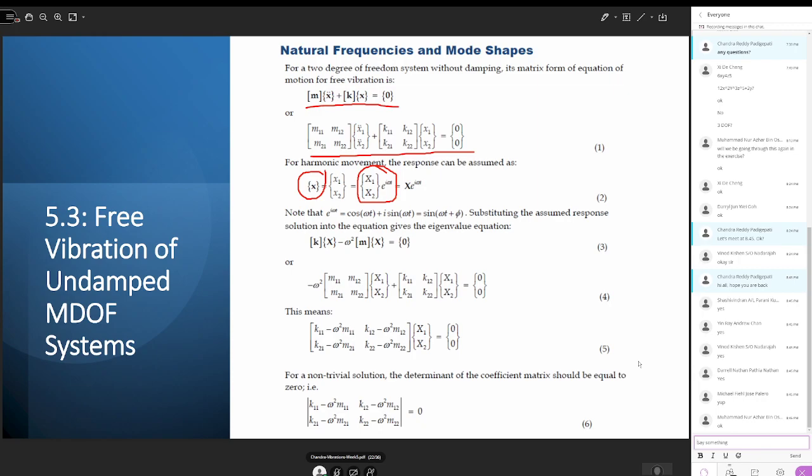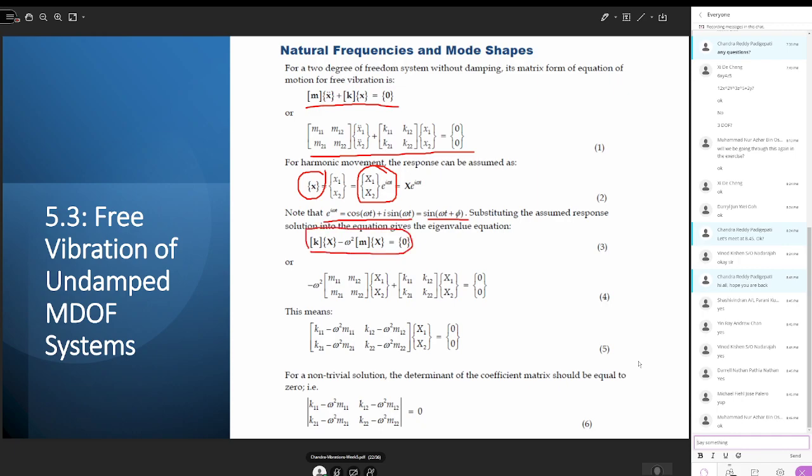If you substitute this, exponential power i omega t is cos omega t plus i sine omega t, so you can replace that with sine omega t plus phi. Once you substitute this back into the equations by taking the second derivative and the displacement, you can get this expression.